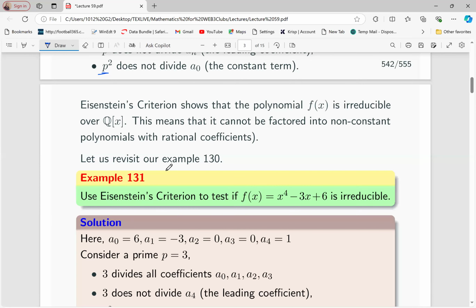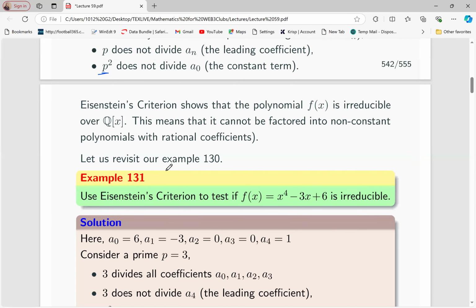As we have already agreed, the step is: is there a prime number which can divide this constant term and divide this coefficient, but fail to divide the leading coefficient? And that prime number's square should not be able to divide the constant term.